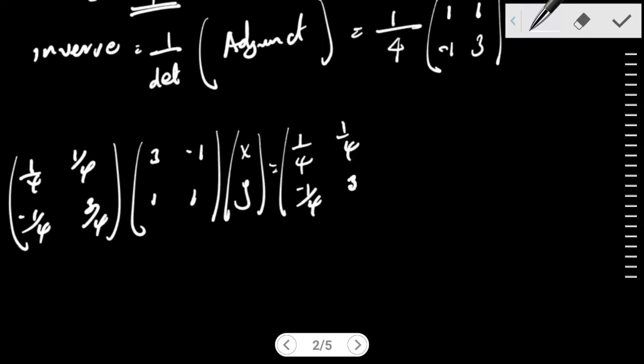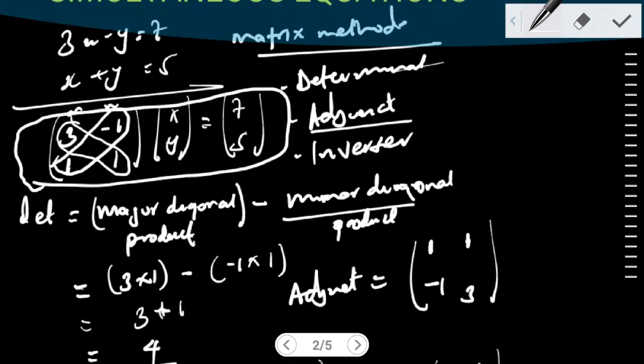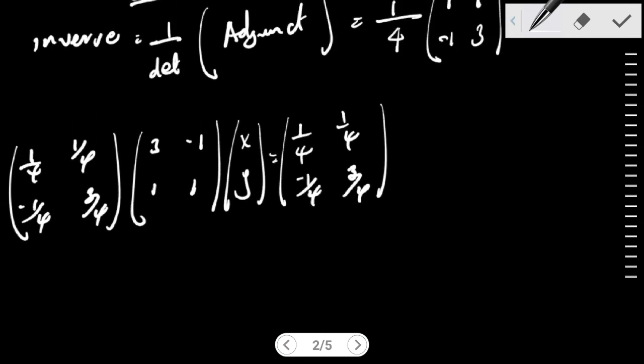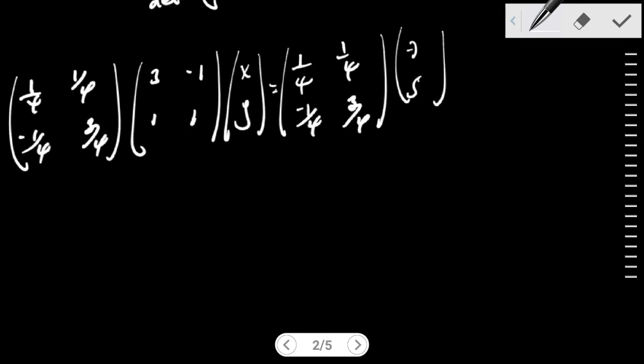And our answers were 7 and 5. So out of that, now we do the multiplication.